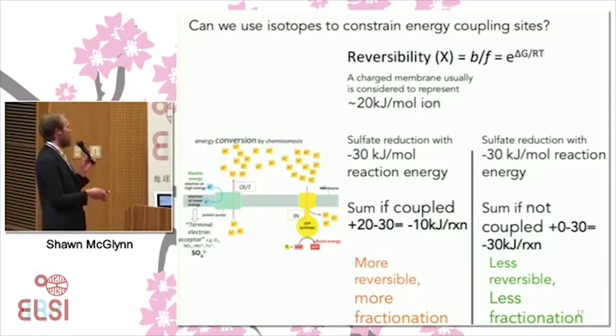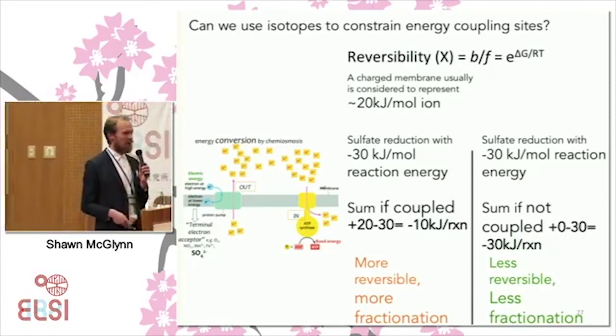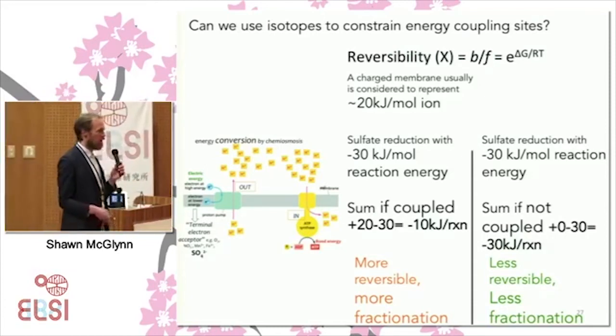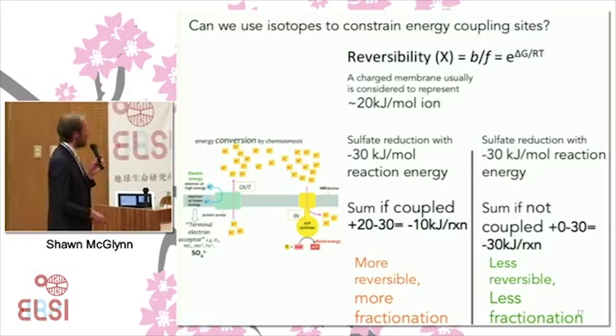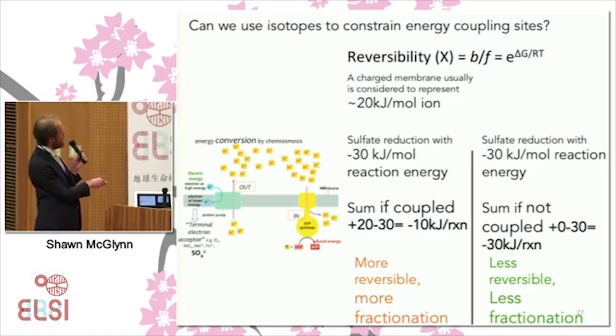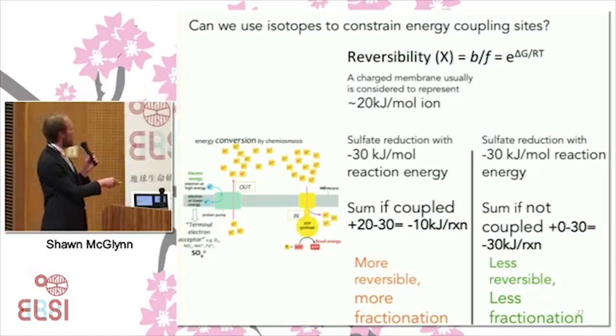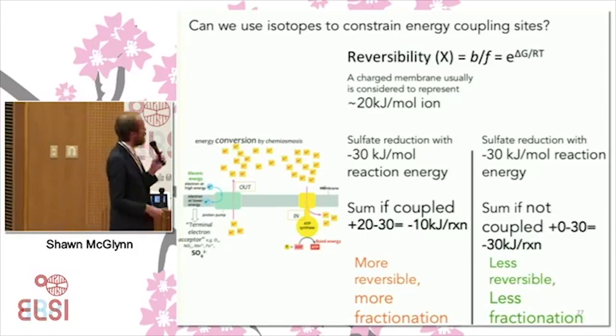And that will probably be variable for different types of cells, but it's interesting for me to consider whether or not we could use isotopes as a way of making hypotheses that are testable here. So here's a picture of a cell that might be putting electrons onto sulfate and pumping ions out in that process and then making ATP as those ions come back in across the potential.